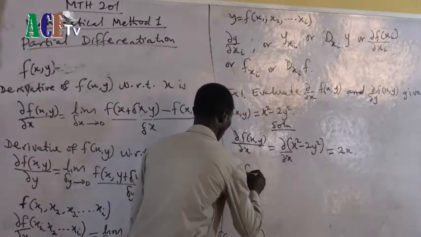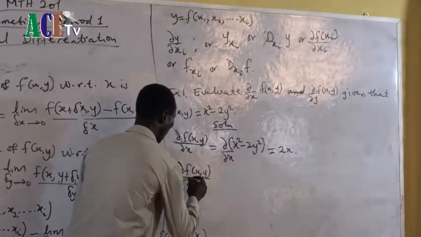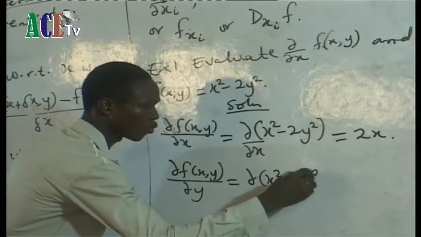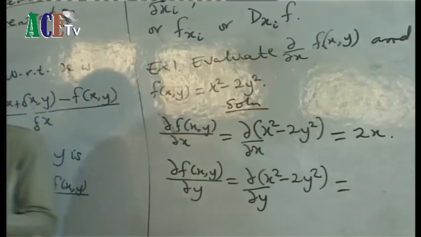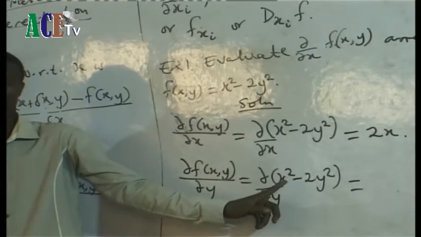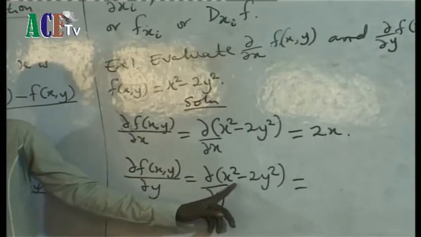Now the partial derivative of f with respect to y is that of x squared minus 2y squared with respect to y. In the same way, this is a constant. There is no y there, and the differentiation of a constant is 0.